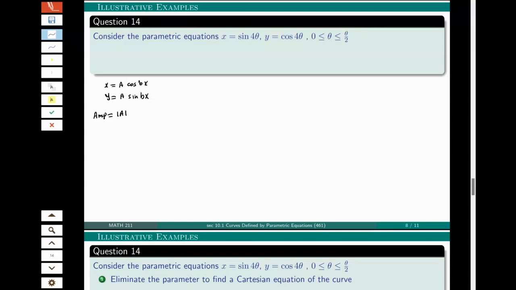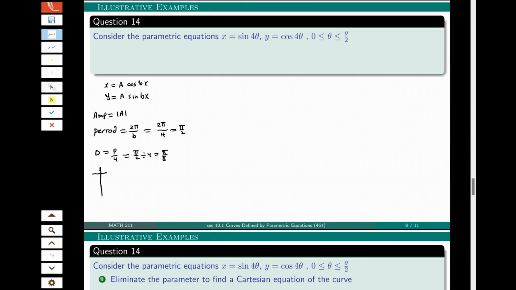Then we have the period, it's 2 pi divided by b. In our case here it will be 2 pi over 4, which is pi over 2. And delta is period divided by 4, which is pi over 2 divided by 4, it will be pi over 8.